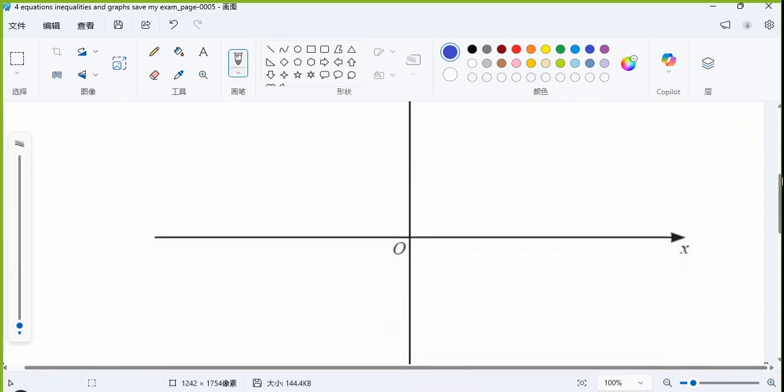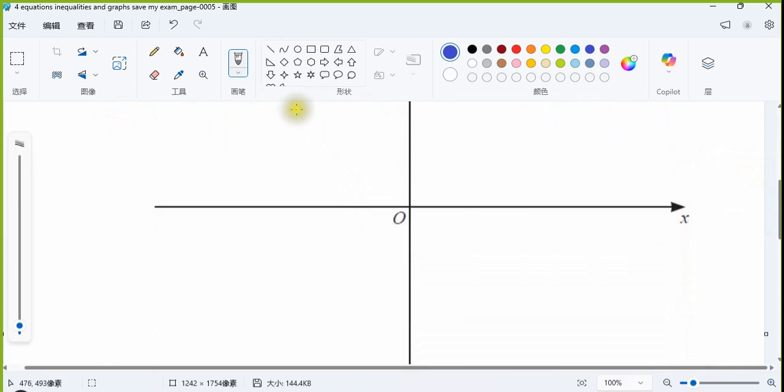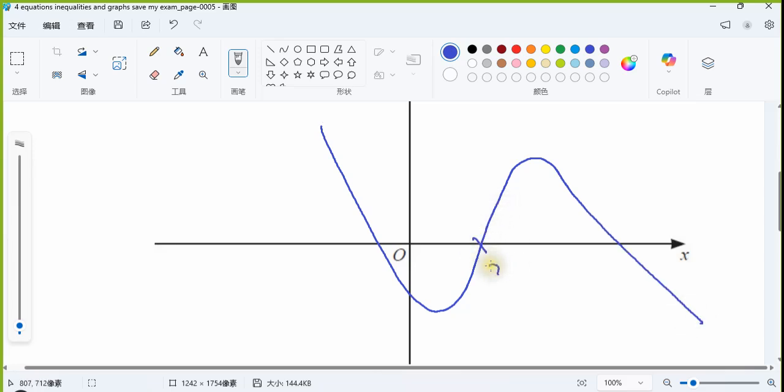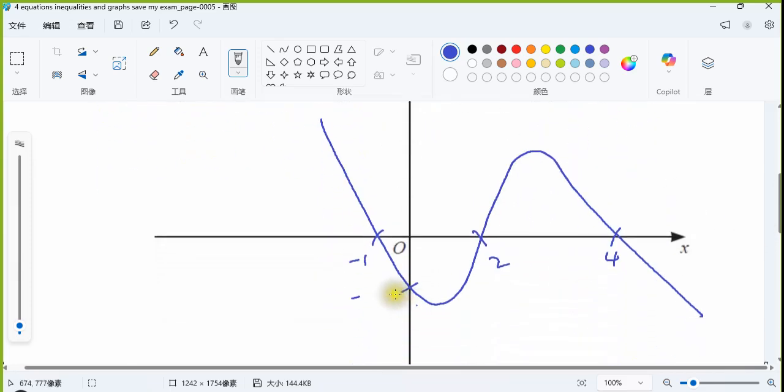So what I have will be something like this. So this is 2, this is 4, this is -1, and this is -24.